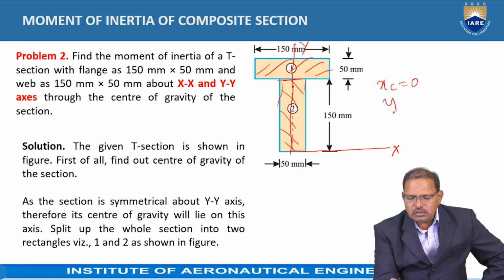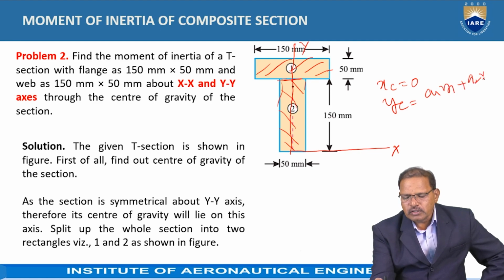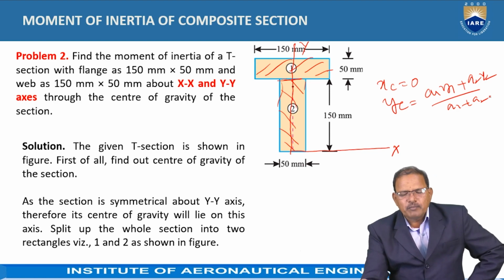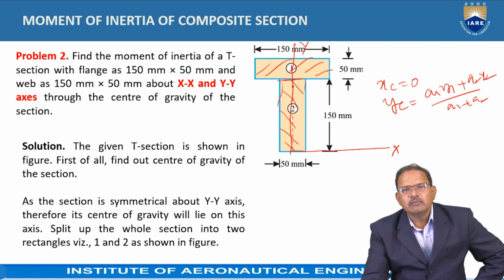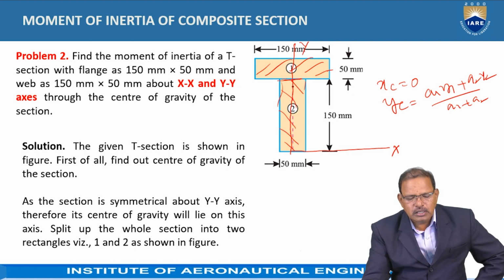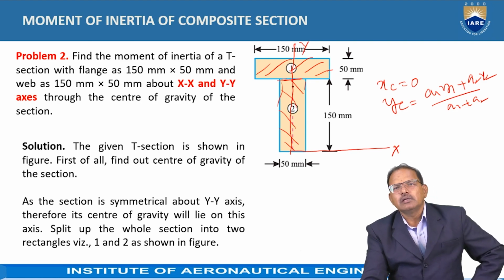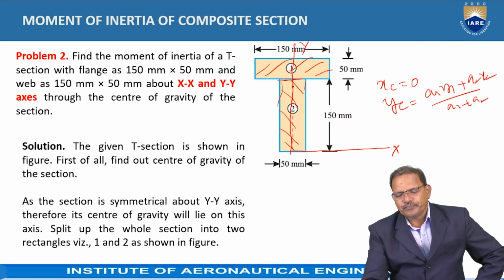Now yc is equal to A1 y1 plus A2 y2 divided by A1 plus A2. That means for the composite figure, first of all, we have to determine the position of the centroid, because our problem is to find the moment of inertia of a T section about the x-axis and y-axis which pass through the center of gravity of the section.